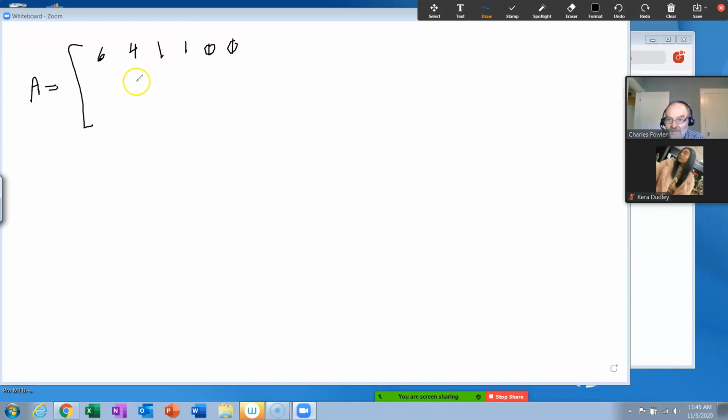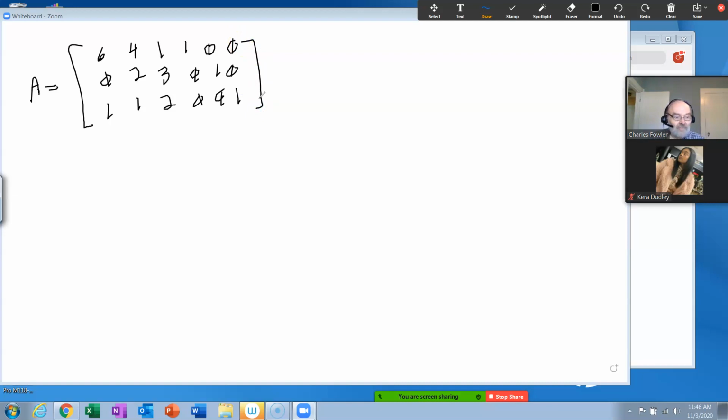We're augmenting the identity matrix to it. 0, 2, 3, 0, 1, 0, and 1, 1, 2, 0, 0, 1. I'm probably going to regret doing this, but let me approach it.